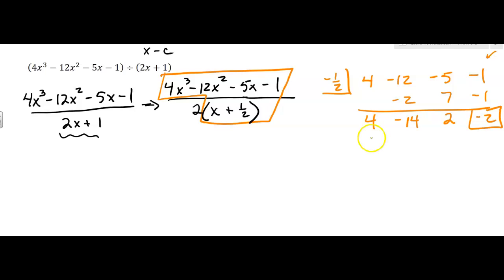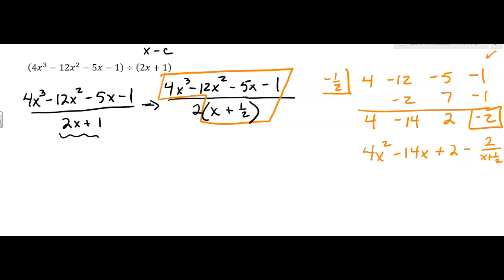So then I was like, okay, just write the polynomial 4x squared minus 14x plus 2 minus 2 over... Now, what did we divide by? Well, that's a good question. In my problem here, I've divided by x plus 1/2, right?